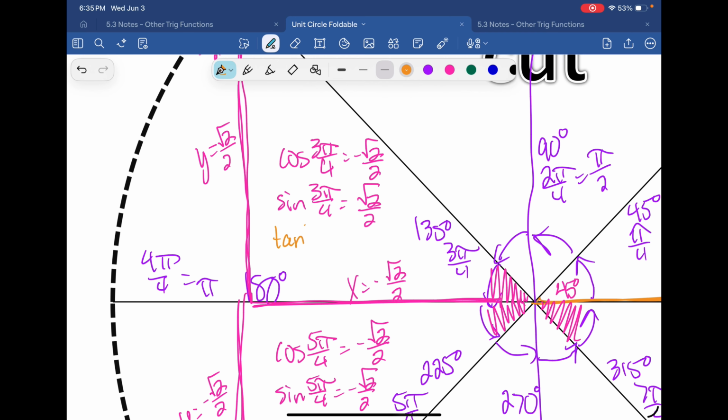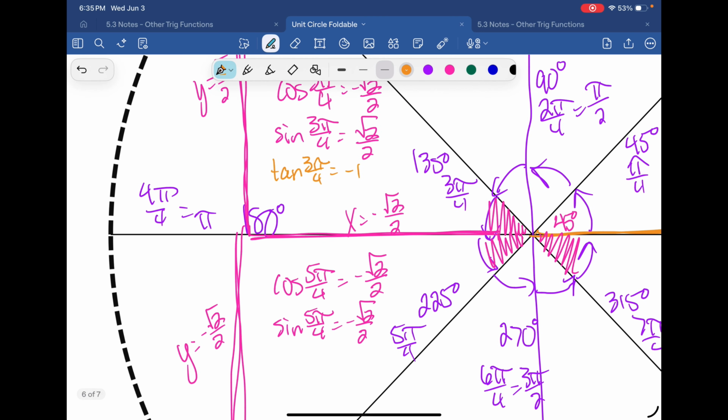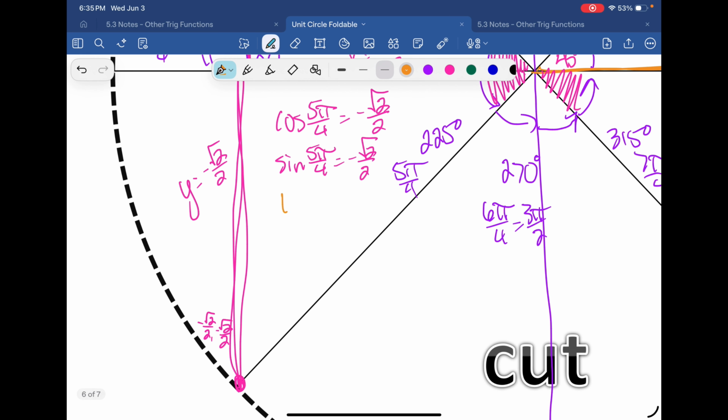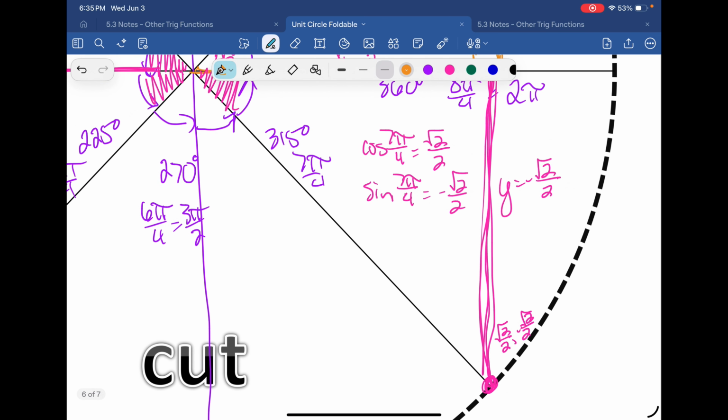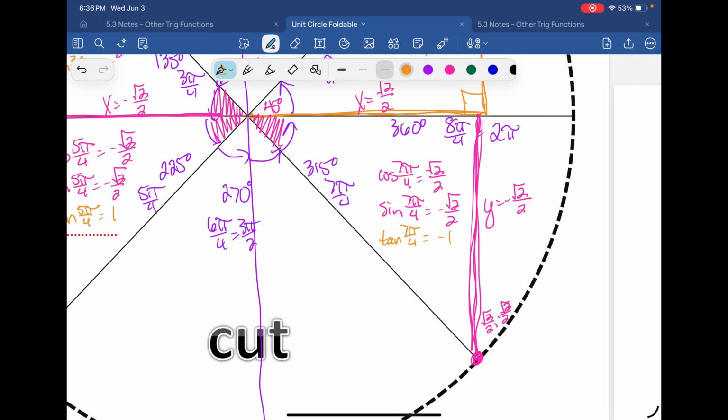Tangent is negative in quadrant 2. Tangent 5 pi over 4. Tangent is positive in that quadrant. Tangent 7 pi over 4. Tangent is negative in quadrant 4.